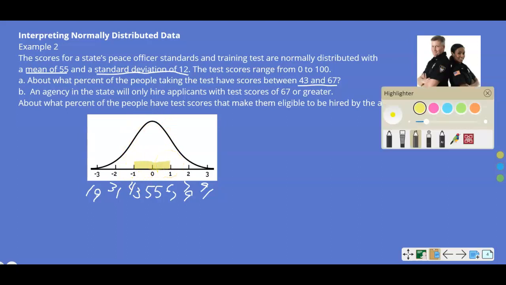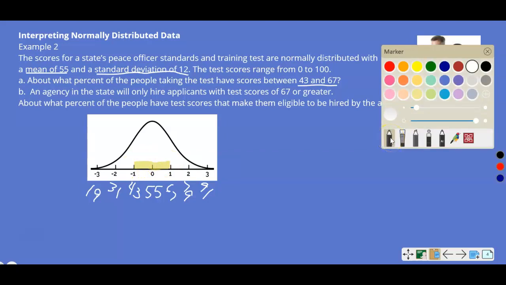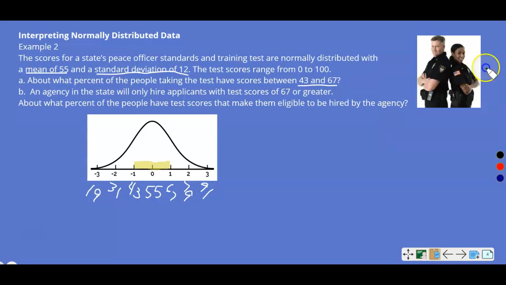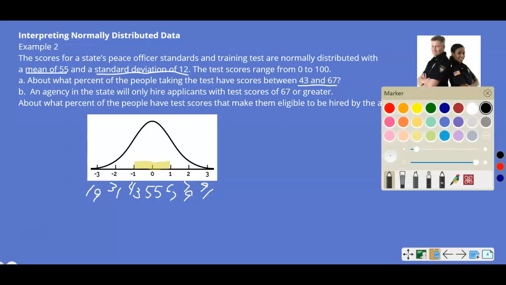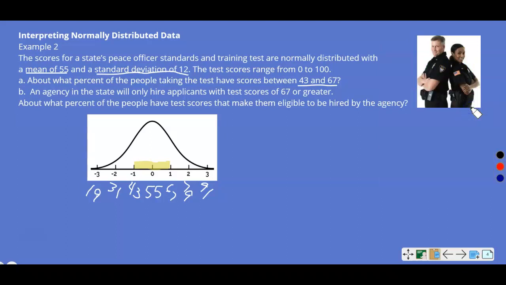So we can quickly determine, if you remember your 68, 95, and 99.7 called the empirical rule, you know that 68% of the data falls within that middle part of the data. So let's write 68% is A part.